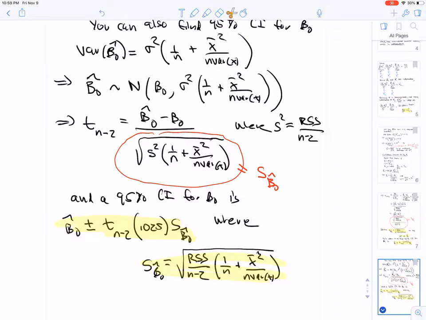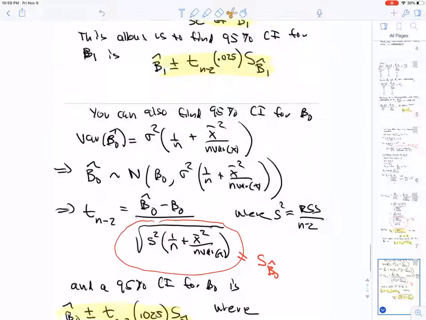And so then we get a 95% CI, beta 0 hat plus or minus t n minus 2, .025, times the standard error. It's all great stuff.